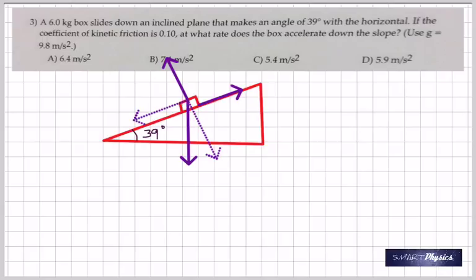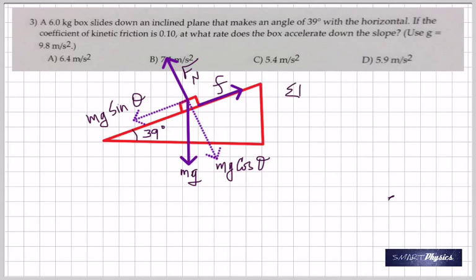And since this angle will also be 39 degrees from the geometry of this, you're going to get this y as cosine theta and the x as sine. So that's mg, and then you have mg cosine theta and mg sine theta. This is the normal force.